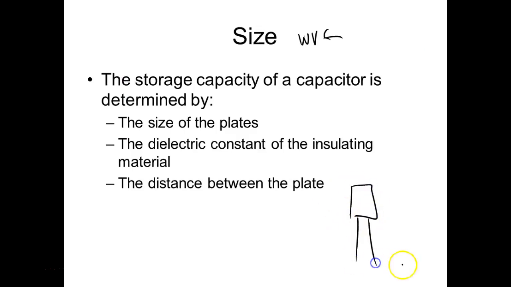Radial leads come out one side. This is an axial lead. Axial leads come out both sides, like that. So for some reason on the axial lead, they might have this lead labeled positive, right? You understand? On the radial lead, they identify the negative side.